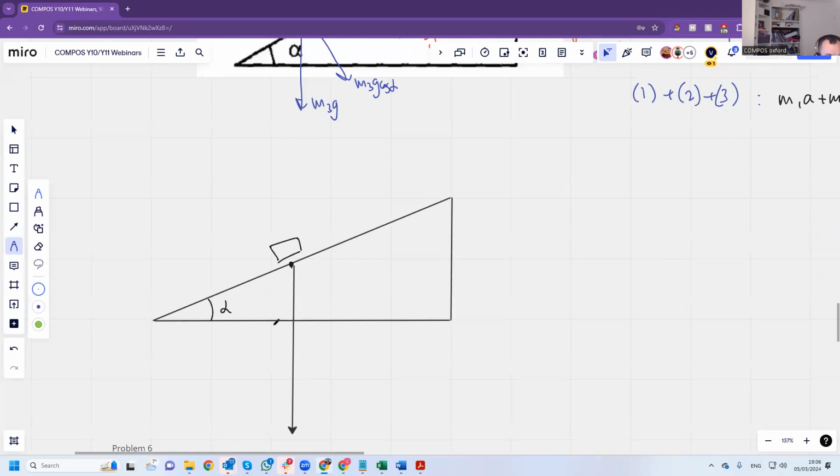So if this angle is alpha, this angle is going to be 90 degrees, and that means that this angle is 90 minus alpha. Do you agree?